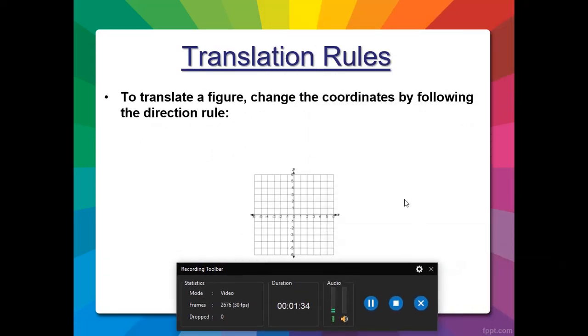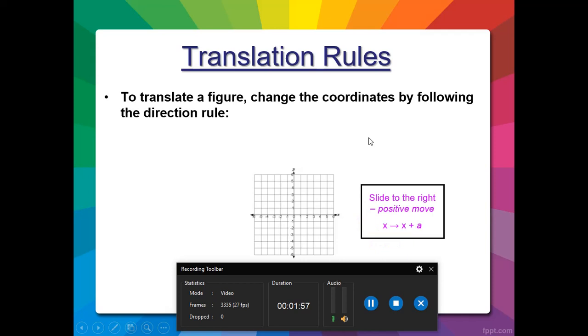When we translate, we're going to follow the rule that's described in the problem. So what we want to do is start with the coordinate grid. We know that the x-axis is horizontal and the y-axis is vertical. So knowing that the first value listed represents our x quantity, if you take your x value and you're being told to add some amount, we're sliding it to the right.